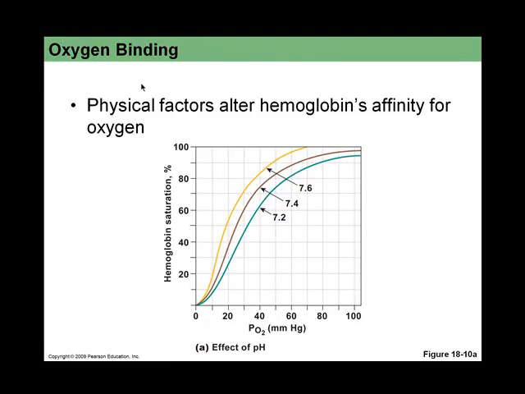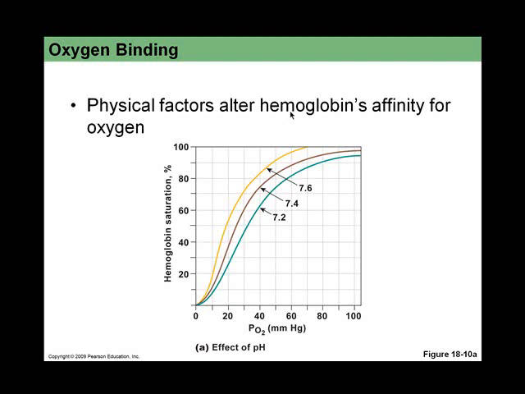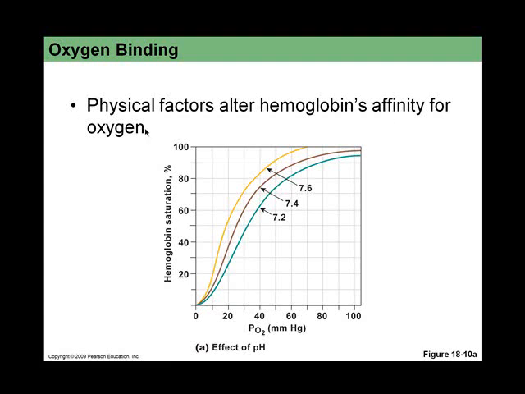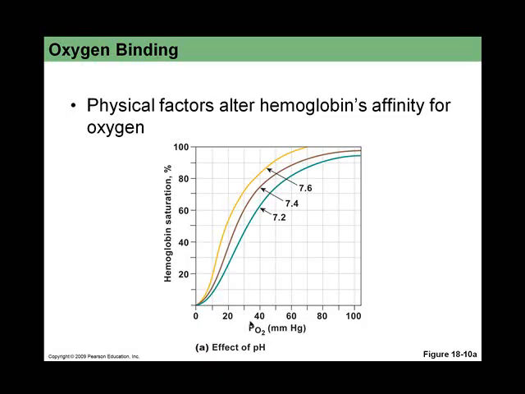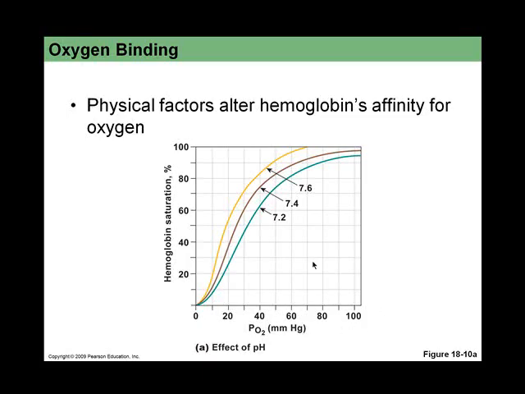The oxygen binding is continued as a discussion in this slide, where we begin to look at the physical factors that alter hemoglobin's affinity for oxygen. So what is going to happen at the tissue level to convince the hemoglobin to give up its oxygen? So how does the hemoglobin saturation as a percent change with the PO2 in millimeters of mercury when you add another independent variable, something that will change the pH?